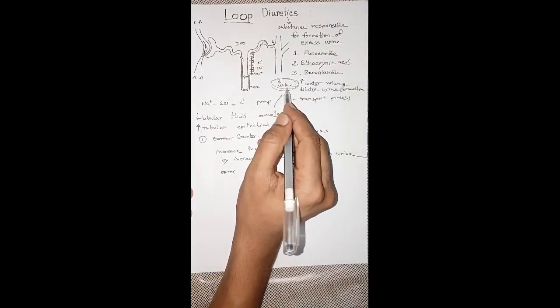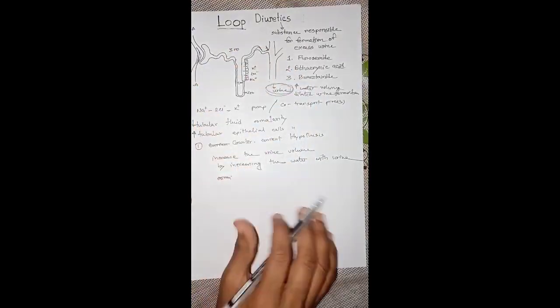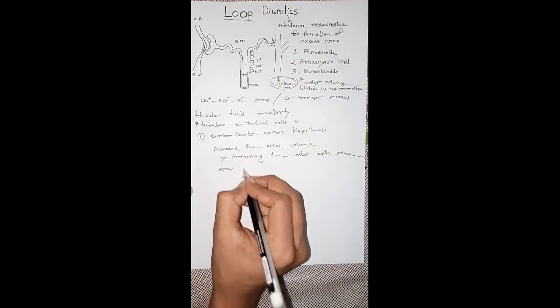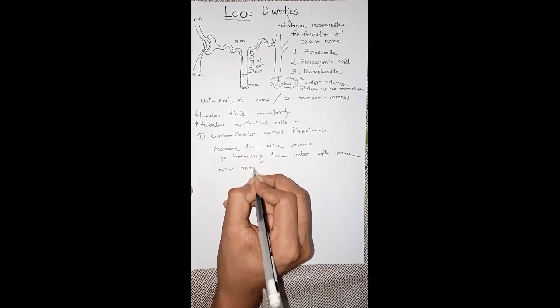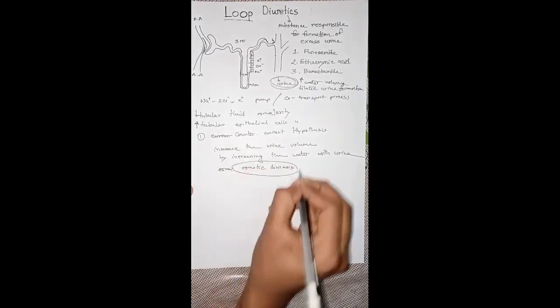The urine possesses osmotic particles, and this causes diuresis. So this can be called osmotic diuresis.